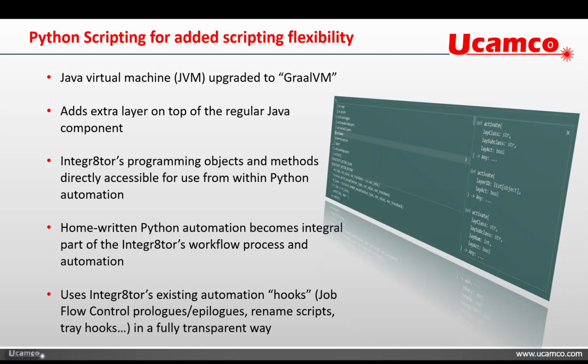So the variable which represents a job now exists in this Python environment just as well as it existed before in our other programming language. So what that means is the home-written Python automation that may exist with a number of customers can now basically become an integral part of the whole workflow process.